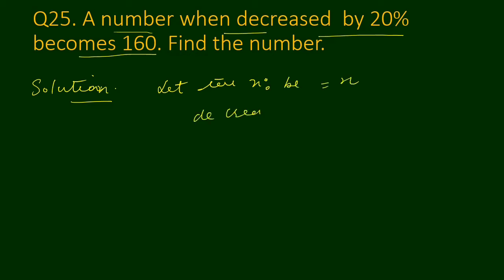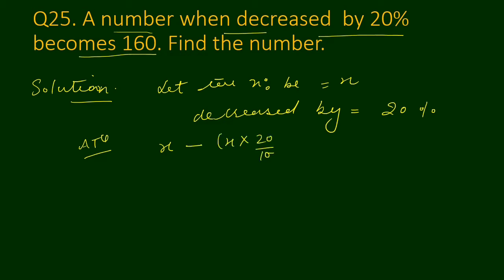Decreased by 20% according to the question: x, decrease means minus, decreased by 20% and it becomes 160. The same way you have to do. Zeros cancelled, 2 ones are 2, 2 fives are 10. Now x minus x upon 5 equals 160. Clear?